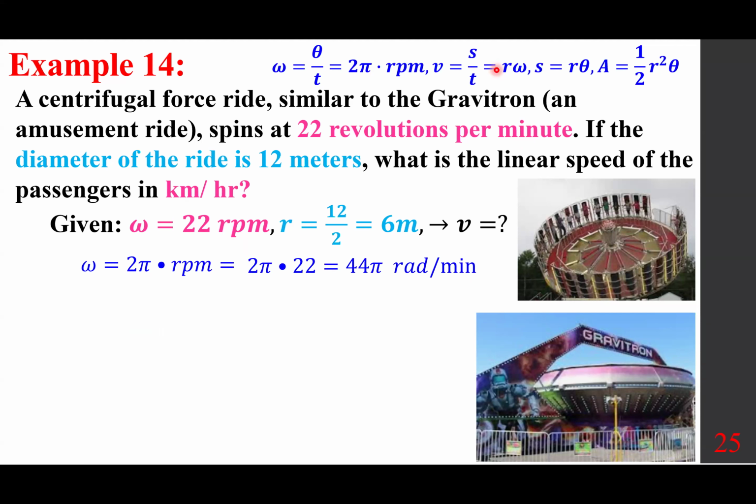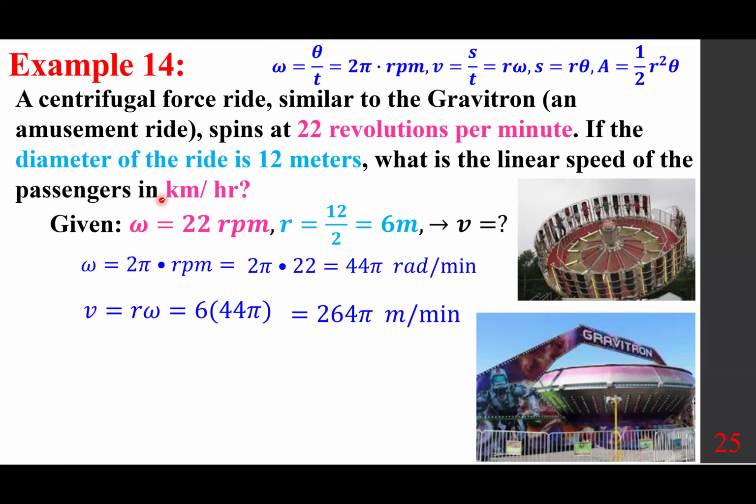V is R omega, so multiply this one by R, which is 6, and we get 264 pi meters per minute. We are done, except they want it in a different unit, kilometers per hour. So we're going to change it according to what they want.